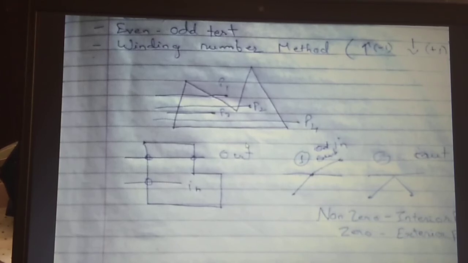In simple words, we begin with our even odd method. We draw a line between the point in question and an outside point, then consider the edges or sides of the polygon where this line crosses. In the even odd method, we just count the number of intersections, right? But in the winding method, we give direction. We give a direction number to each boundary line crossed by the line, and then we sum these direction numbers.